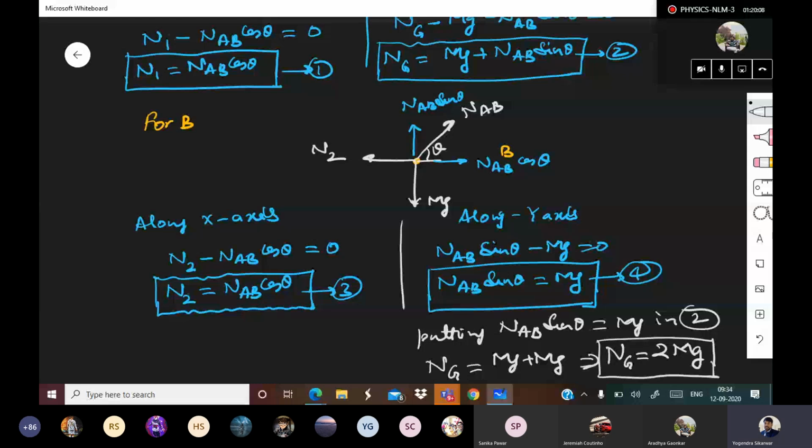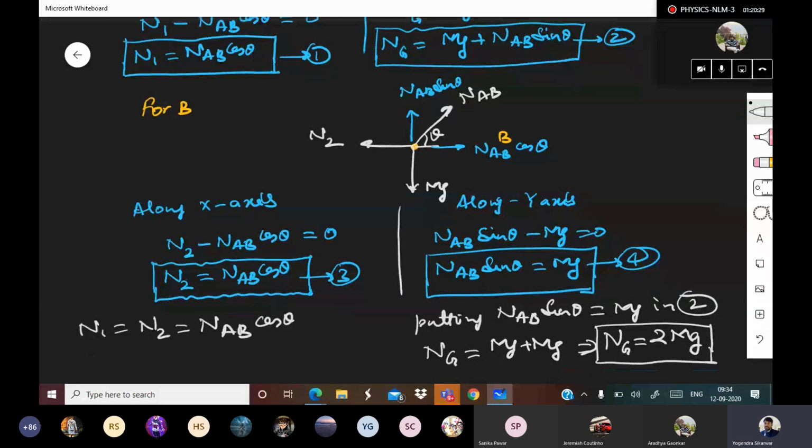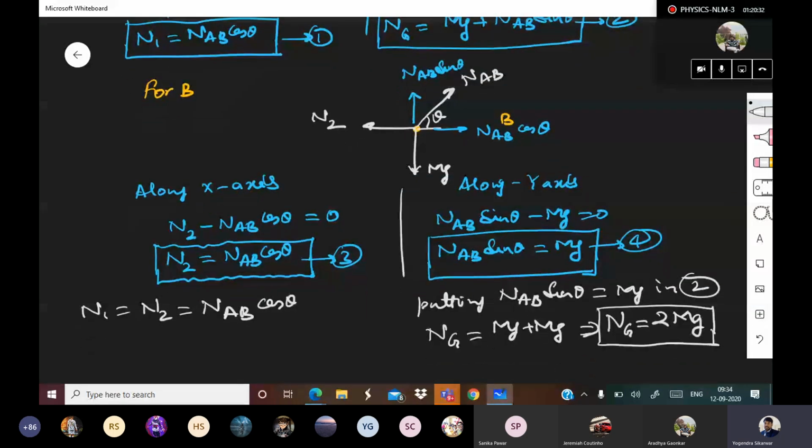All right. Similarly, N1 is equal to N2 is equal to NAB cos theta. And what is the value of NAB? NAB is nothing but mg upon sine theta.